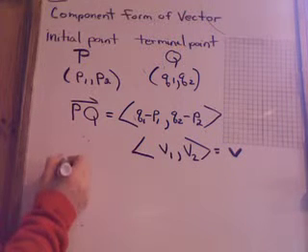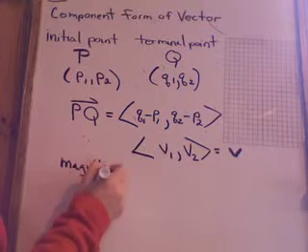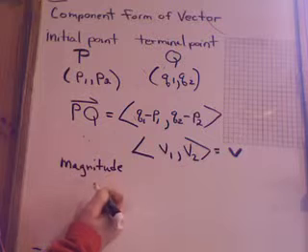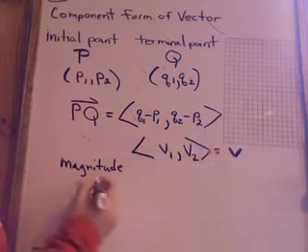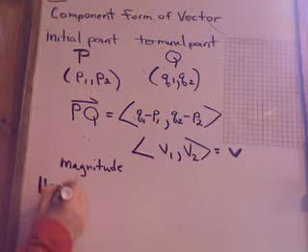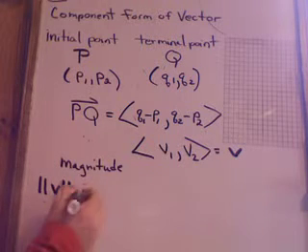Now, I can find the magnitude of a vector, and the magnitude represents the length of the vector. So the notation for the magnitude of that vector v would be 2 bars, the vector v, and then 2 bars again. That's notation that means magnitude.